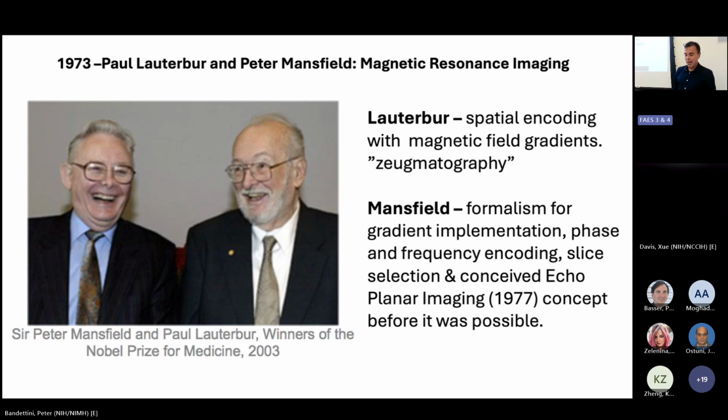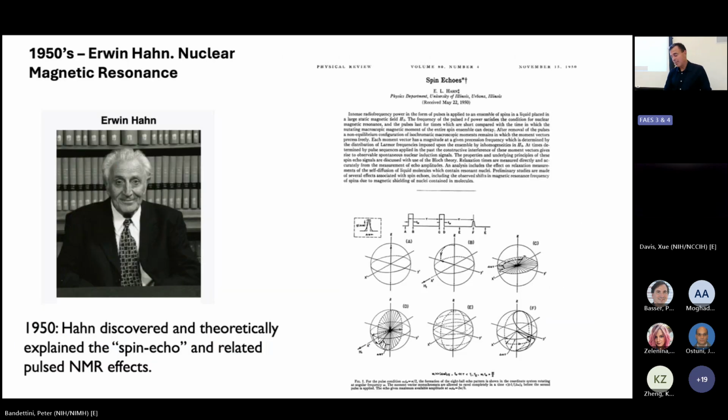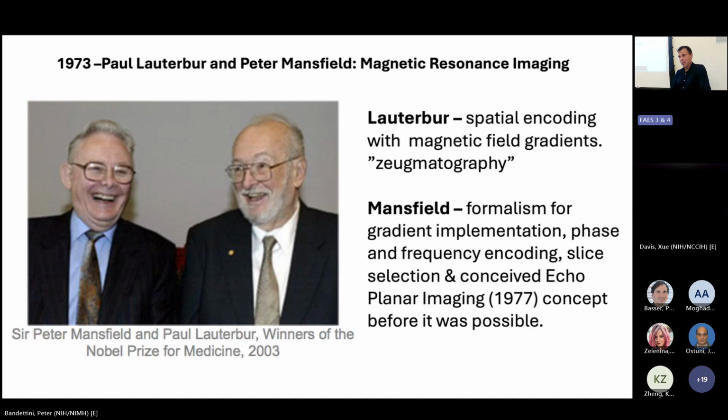images. So in 1973, about 20 years from the 50s to the early 70s, Paul Lauterbur and Peter Mansfield. They were doing very different things. Paul Lauterbur developed a technique for spatial encoding called zeugmatography.